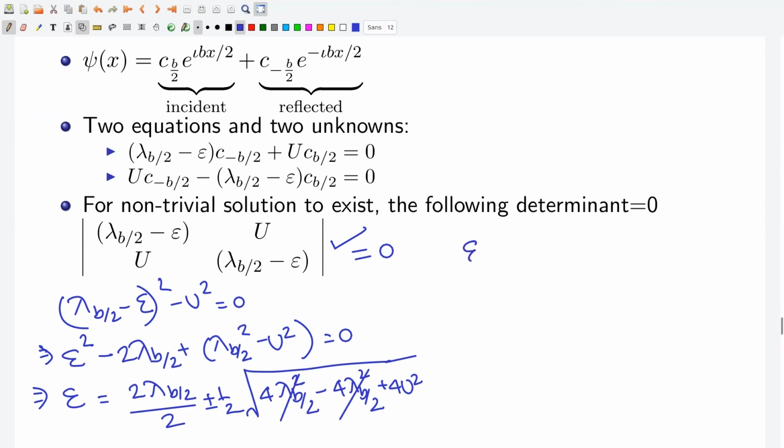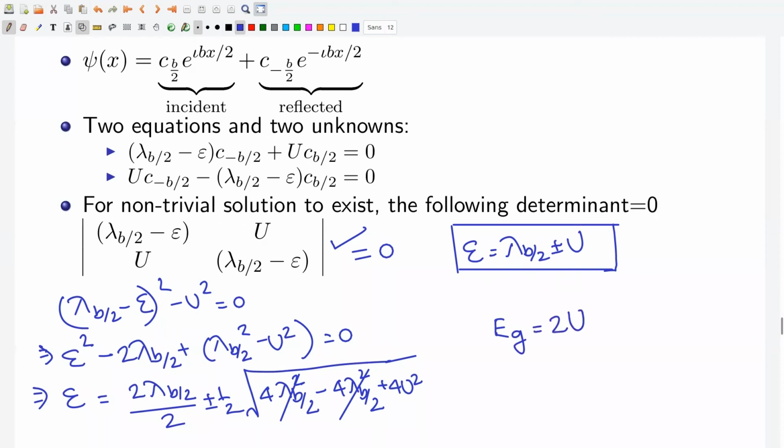And we can write energy is equal to lambda b by 2 plus minus u. Thus, at k equal to b by 2, the difference of energy between the first and second band, which is defined as the band gap, is equal to Eg equal to 2u.